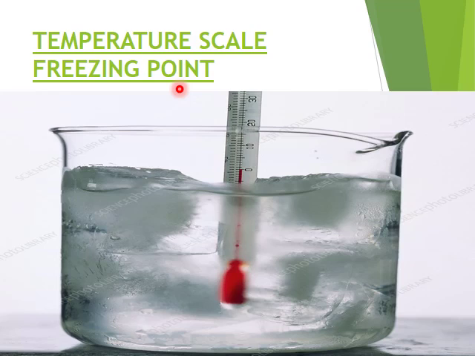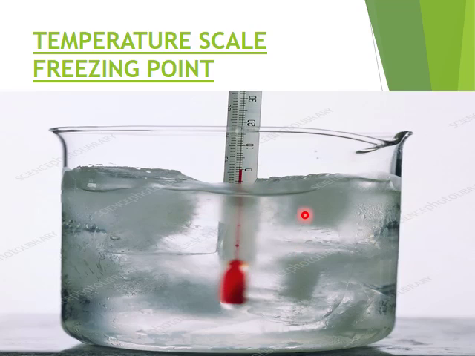My dear students, to mark the temperature scale on the glass tube of a thermometer, stand the bulb of the thermometer in ice cold water for at least a minute. Mark the level of the mercury in the tube as 0 degrees centigrade.